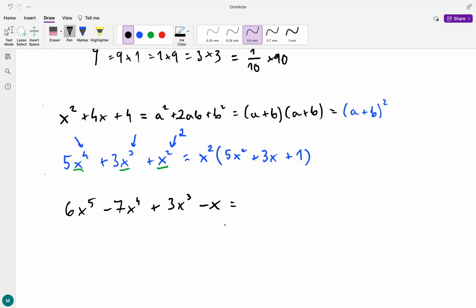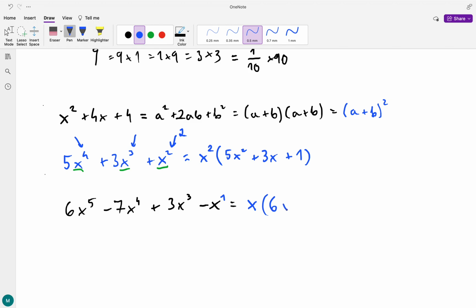So just like we did in the first example with variables, we always want to check for the highest degree variable that we can factor out. So what is the highest power that repeats in all of them? It's the power of 1, right? So in this case, we can only factor out x.